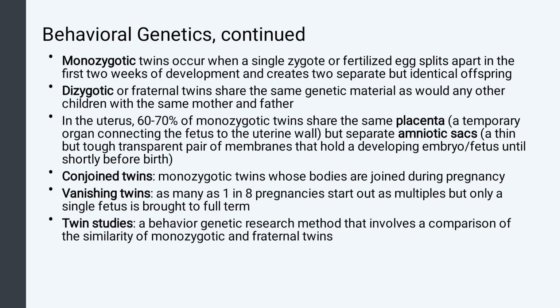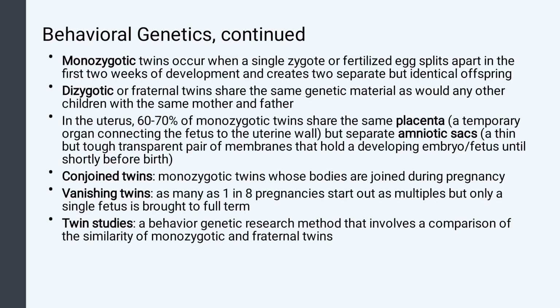So we still have behavioral genetics practice questions. Okay, so let's finish this first. We have here the monozygotic and dizygotic. So monozygotic is when a single zygote or fertilized egg splits apart, and then dizygotics are fraternal twins, with the same genetic material, same mother and father. So monozygotic has a single zygote or fertilized egg, and then it splits apart.